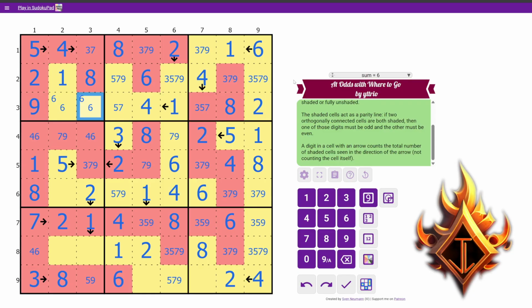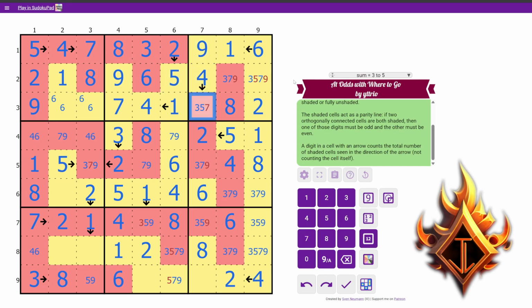Okay, that is alright. That is okay. 5 is right here by Sudoku. That does this column. It does a lot here. Three, 7. That's a 5 there.